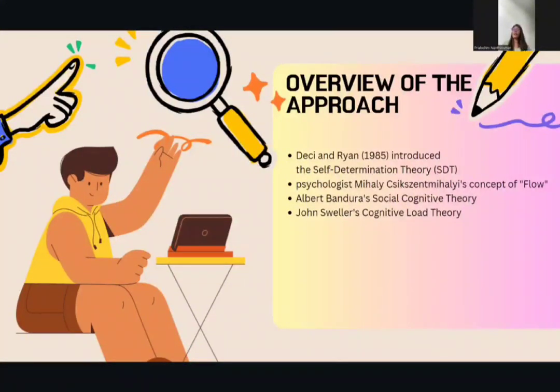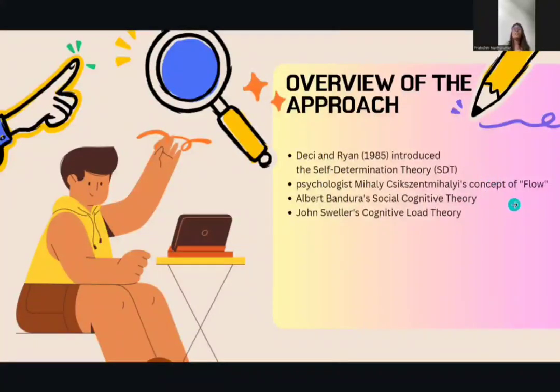The last one is cognitive load theory, which focuses on the mind. The interactive test can reduce cognitive load by turning difficult vocabulary terms, more bombastic vocabulary, into simpler terms, so they can understand better.